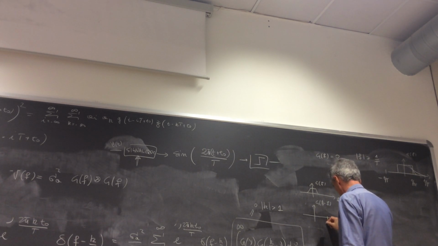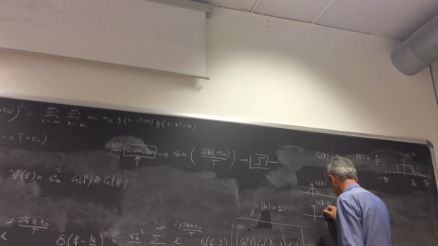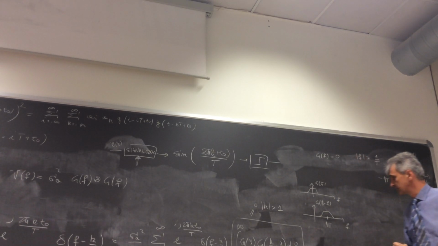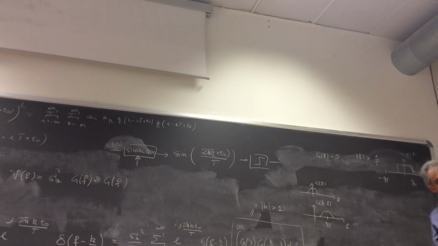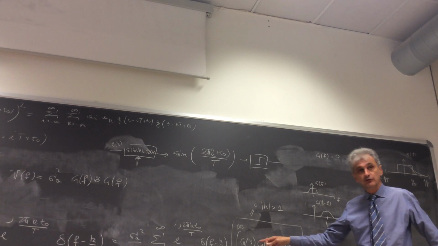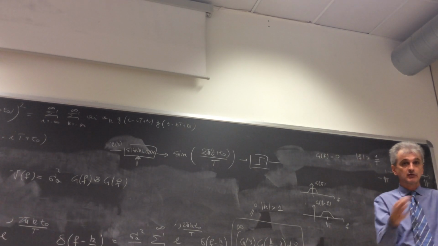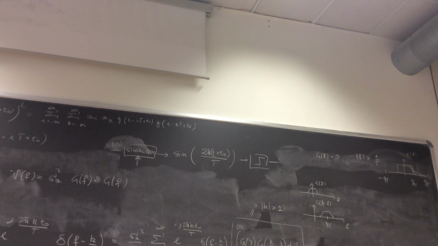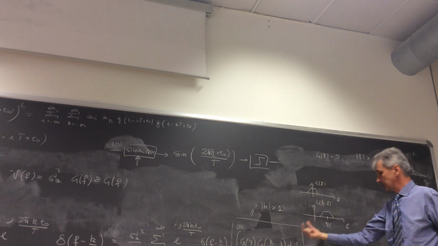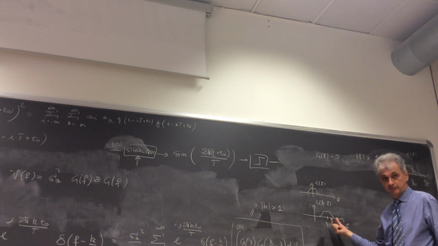This will be 1 over t, and this will be G of f, 1 over t minus f. Is it? Translated version. If the G of nu is even, this operation, the minus, has no effect, because the two are the same, but the translation remains.